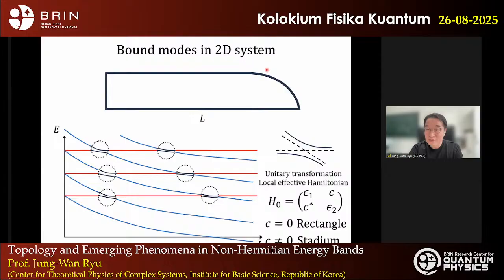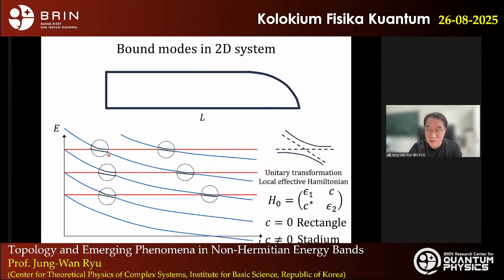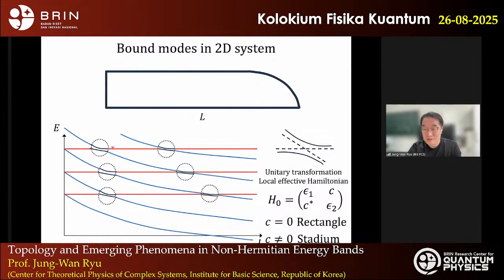If we break the spatial symmetry of the rectangular shape, this is called a quarter stadium. In this quarter stadium case, all kinds of spatial symmetry are broken. So all level crossings change into avoided crossings like this. And if we choose one avoided level crossing, we can make the local effective Hamiltonian for this avoided level crossing.